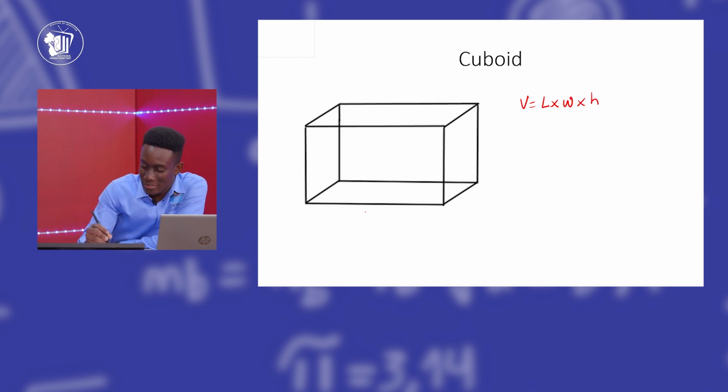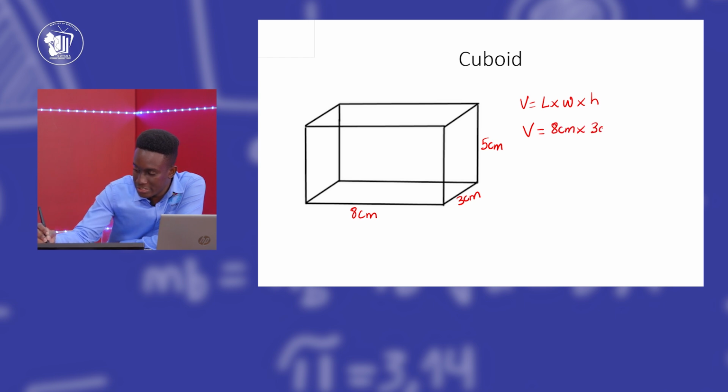In this case, let's say we had a length of 8 cm, a width of 3 cm, and a height of 5 cm. When you're asked to calculate the volume of this shape, it will simply be the length, which is 8 cm, multiplied by the width, which is 3 cm, multiplied by the height, which is 5 cm.